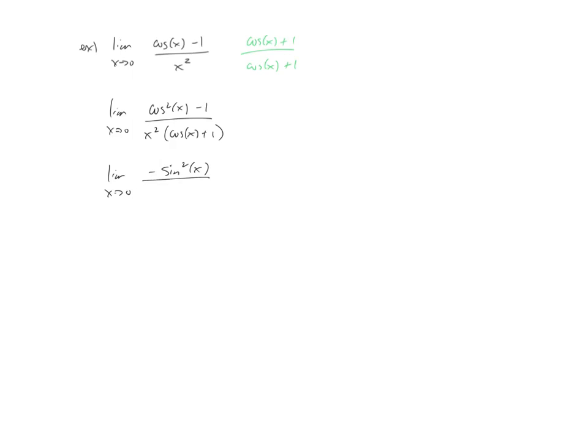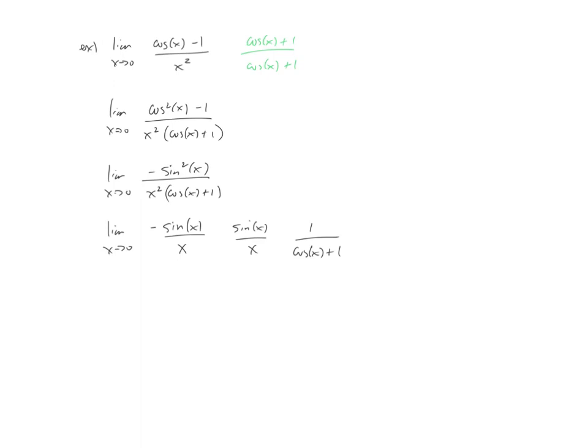And again, I'll leave that denominator alone. At this point, I'm going to go ahead and break everything apart. What I mean by that is I'm going to use my limit laws and take a negative sine x over x, another sine x over x, and then a 1 over cosine x plus 1.